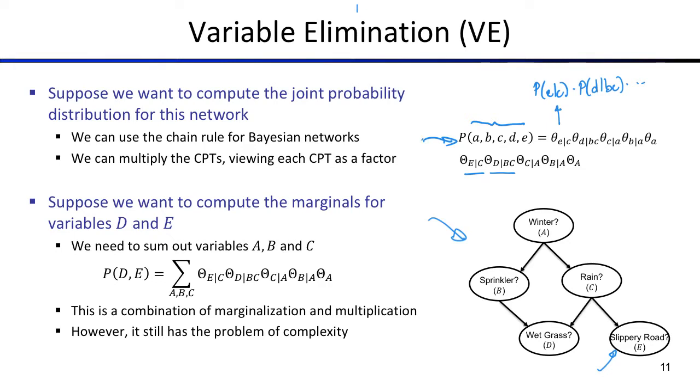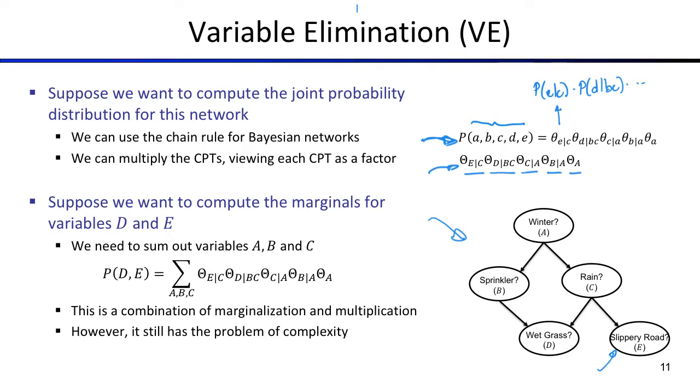In the first form, we have to iterate over all possible assignments for the variables in the Bayesian network. In the second case, we already have the table. We're going to just multiply those tables, and the multiplication will take care of doing the multiplications in a correct way. But at the end, we will multiply all possible assignments in the same form. So when we multiply all those tables, the final result is going to be the joint distribution over all variables that we have in the Bayesian network.